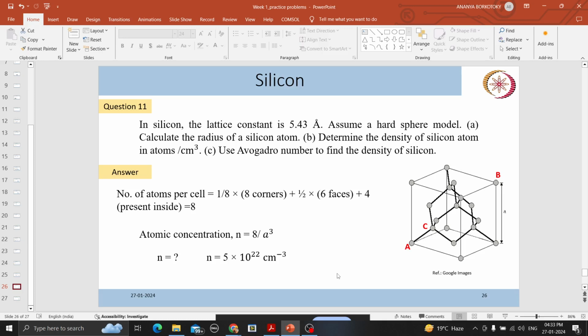Tell me in terms of 10 to the power something. You have already solved questions on p-n junction diodes or MOSFETs. So what do we typically take as the doping concentration, p-type or n-type?